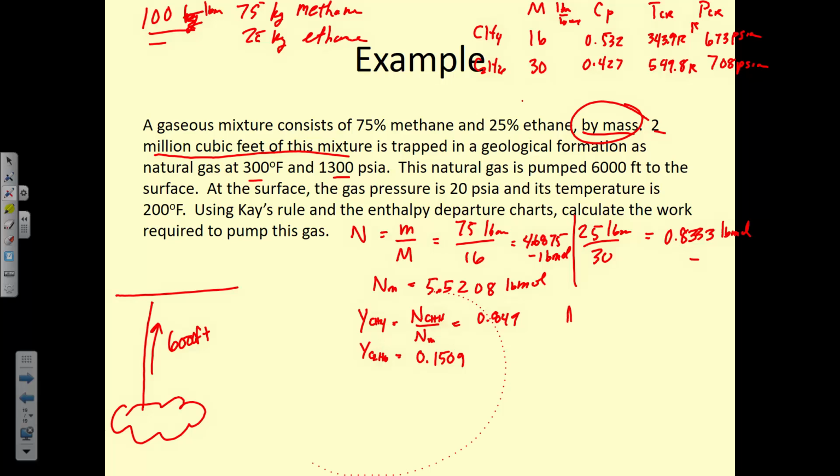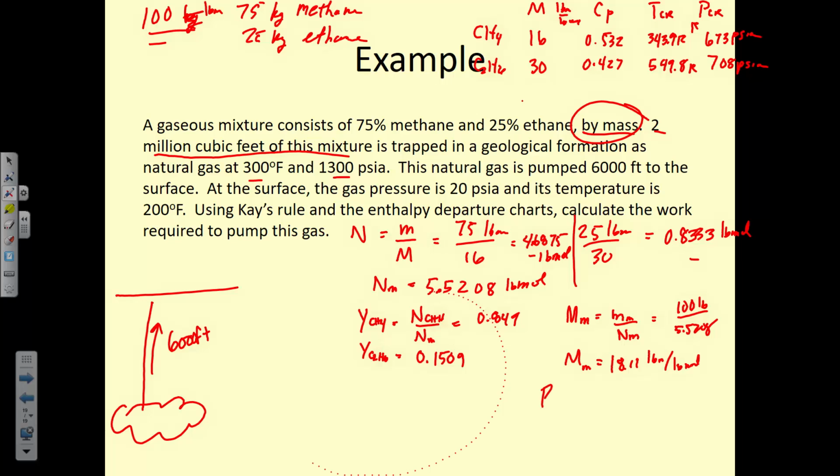We can also find the total molar mass, which is equal to the mass of the mixture divided by the number of moles. So it's that 100 pound mass divided by 5.5208. So the molar mass of the mixture is equal to 18.11 pound mass per pound mole.